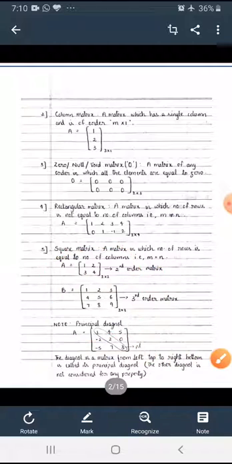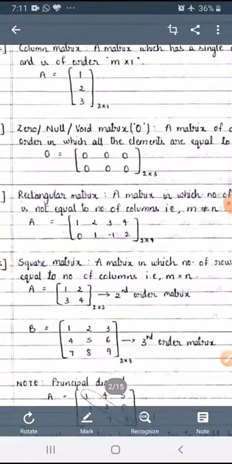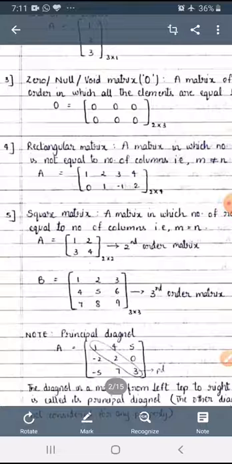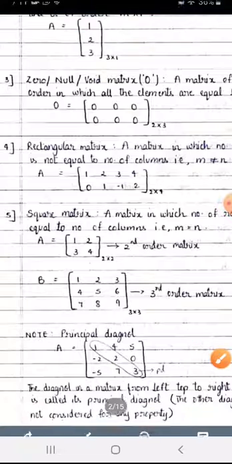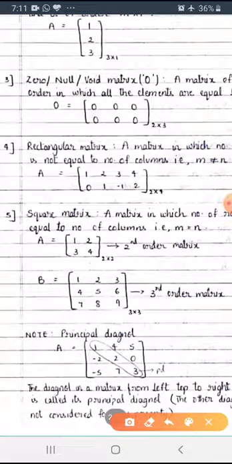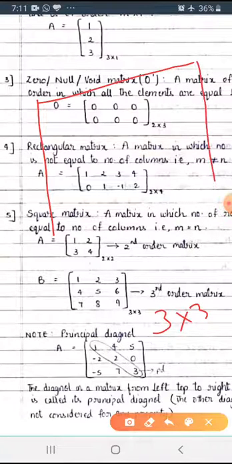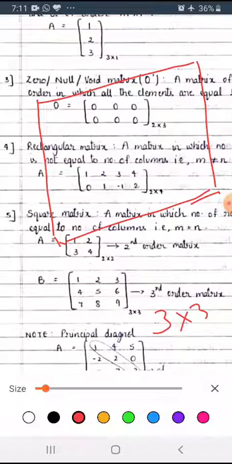Now in a square matrix, one important point is there, that is principal diagonal elements. So what is the principal diagonal element? See here, one matrix is there. Actually it is a square matrix. What is the order of the square matrix here? 3 by 3. In a square, how many diagonals are there? 2 diagonals.